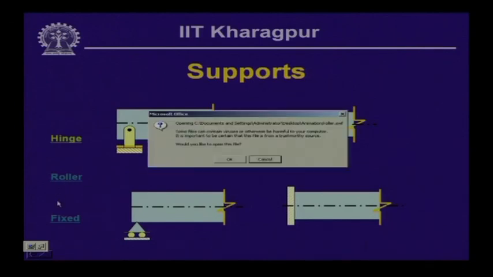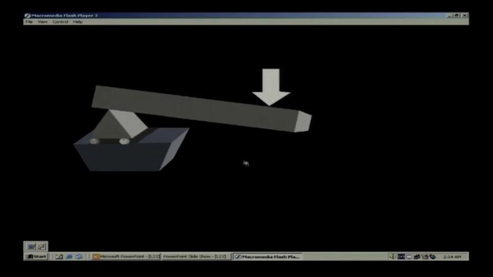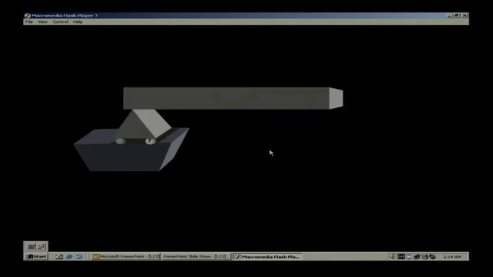If we look into a support which is a roller kind of support, under the action of the load, as you can see, it moves in the horizontal direction, it cannot move in the vertical direction, but it can have the rotation as well. Please note over here, it moves in the horizontal direction as well as it has the rotation.